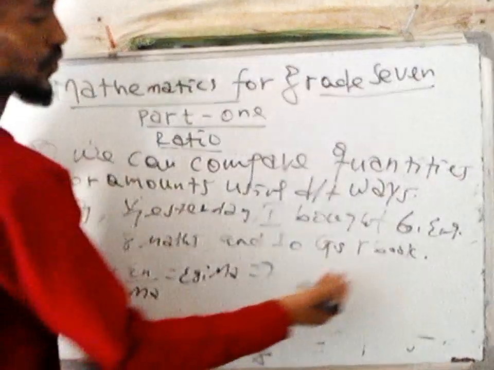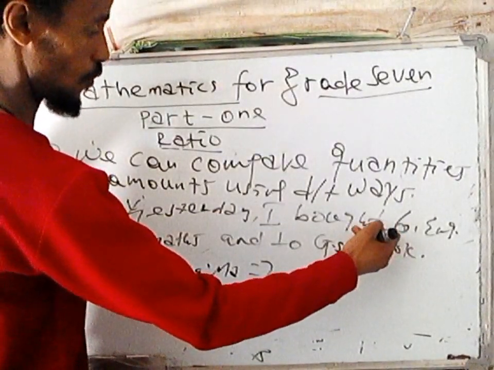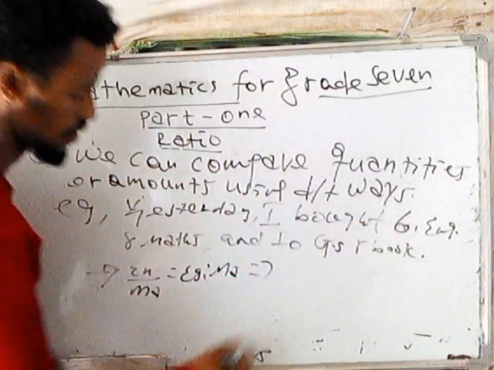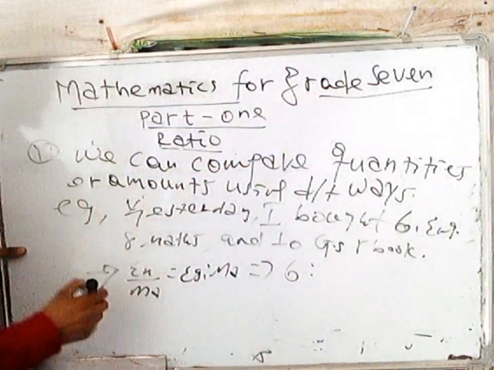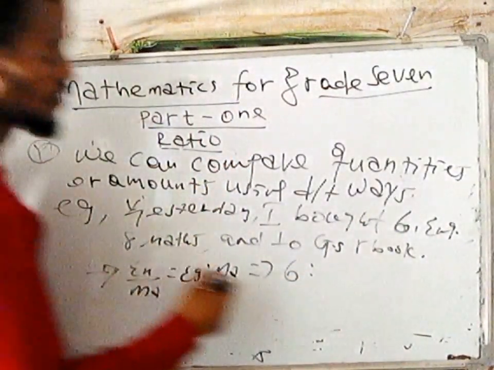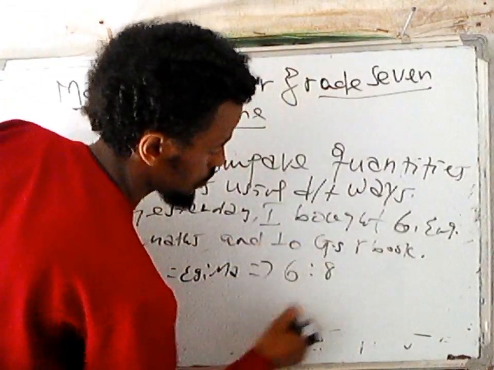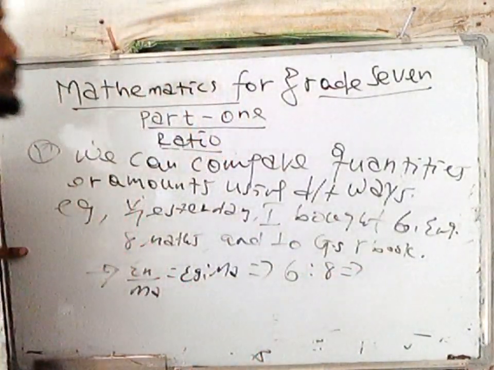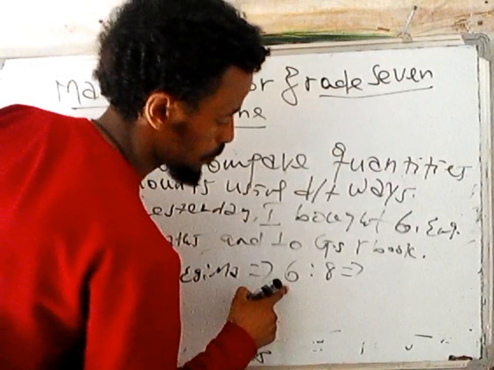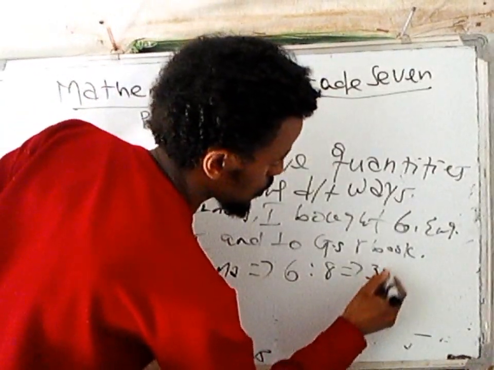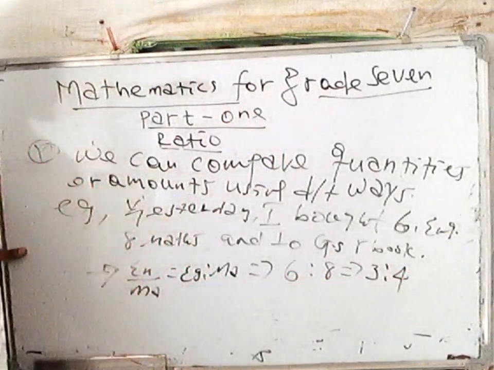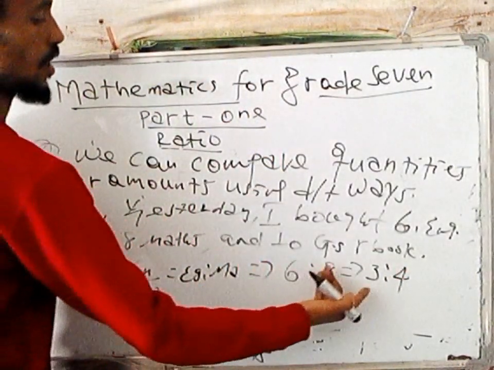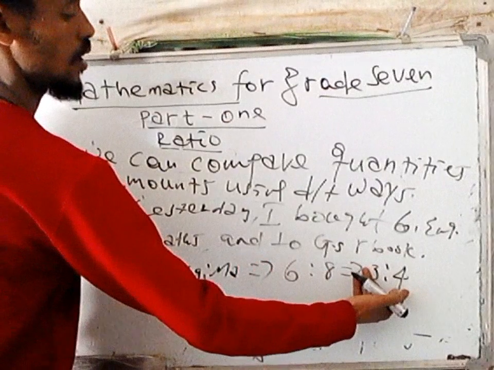The number of English books is 6, so that's 6 to 8. In the simplest form, that is 3 to 4. One part is English, another part is mathematics.